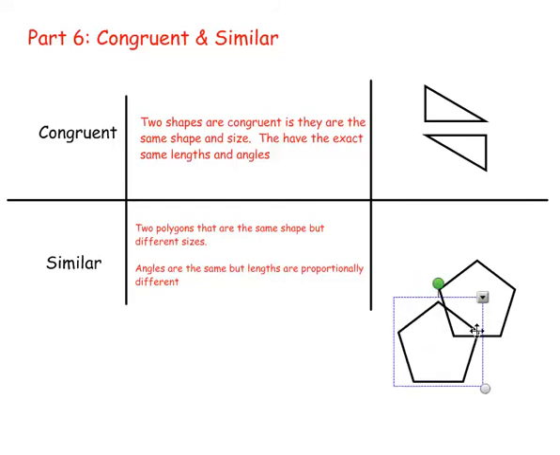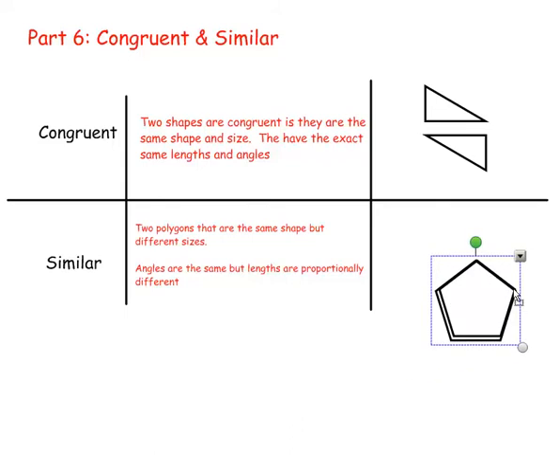So this one is proportionally bigger. So if I were to drag this out a little bit, I could get it the exact same. So now they're congruent. But once I make it smaller like this, this one is proportionally bigger.